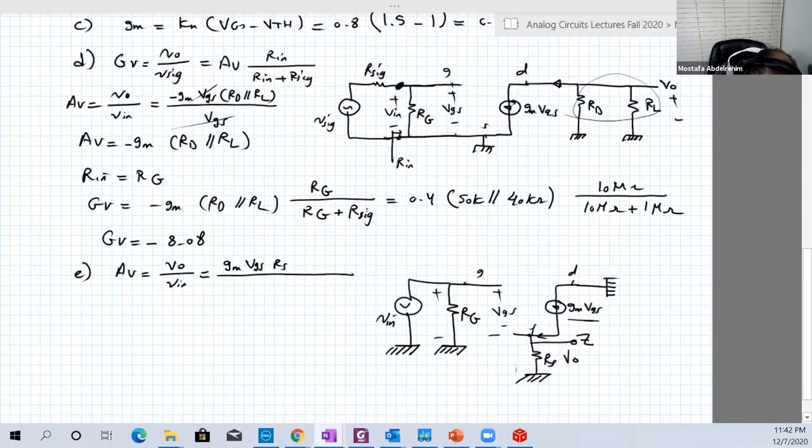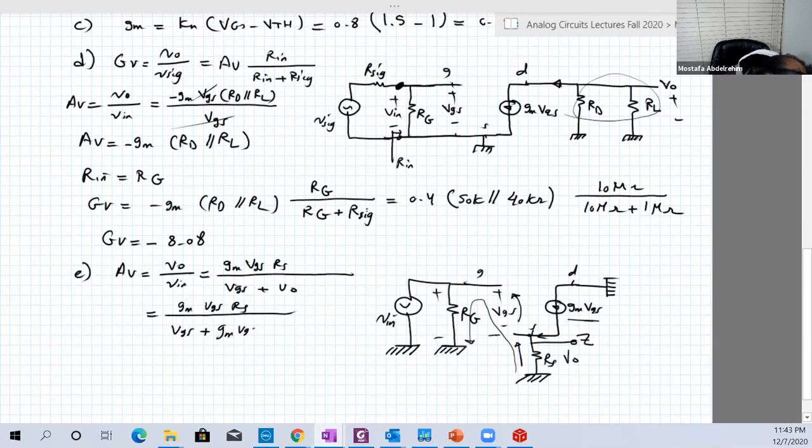Okay, from that loop, the input is the voltage across RG equal to VGS plus this voltage, which is the output. So this is equal to VGS plus the output. So equal to GM VGS RS over VGS plus GM VGS RS. So VGS will go away. This is equal to GM RS over 1 plus GM RS. You can write it in that way.